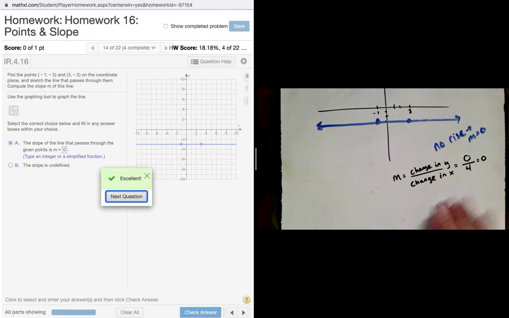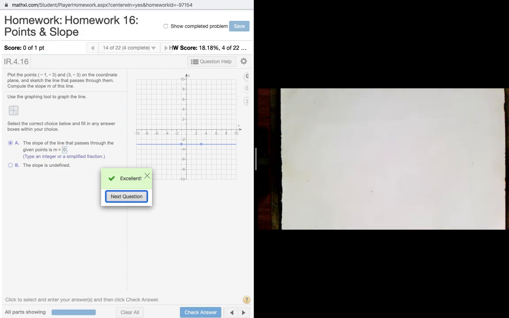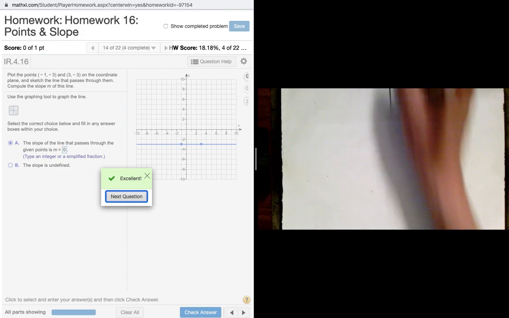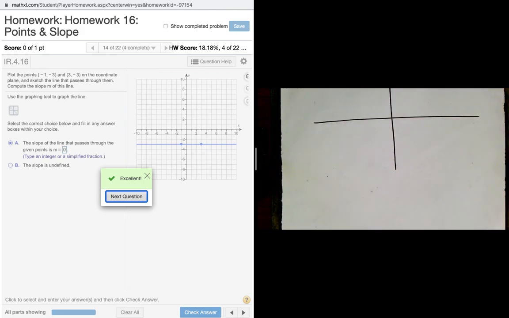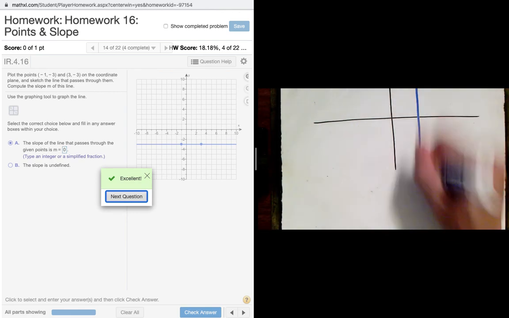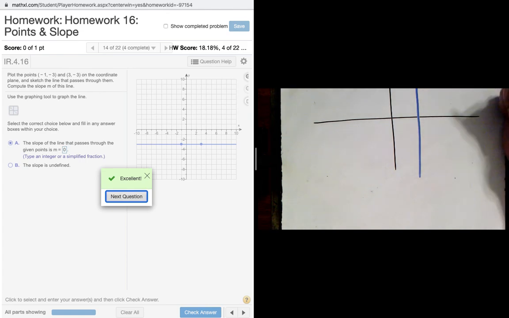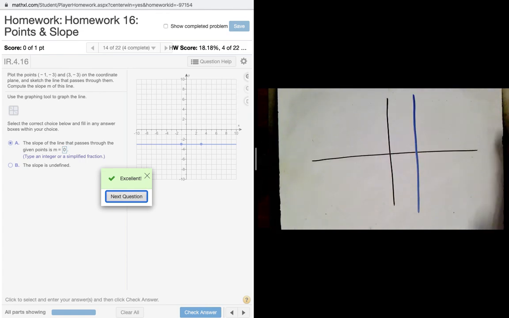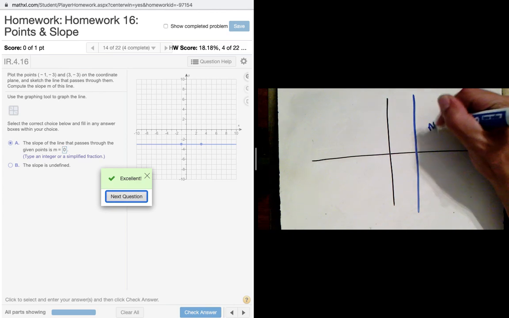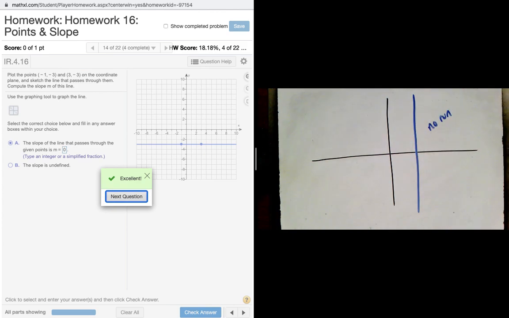So what happens if the line is going the other direction? What if we have a line that's vertical? So this has all rise and it has no run. There's no change in x in this problem.